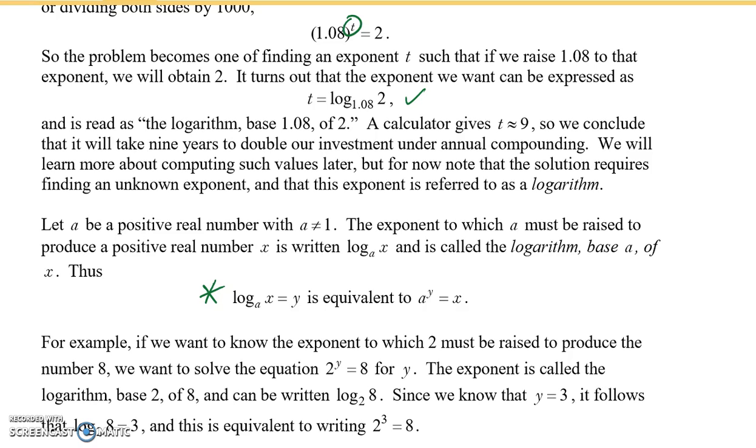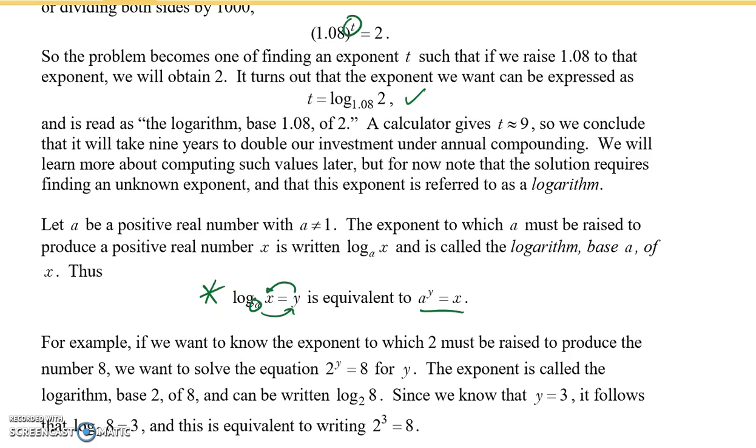If we take the logarithmic expression, starting with the base of a, and make a little circle like this, then we can convert it to this form, a to the y equals x. So I'm going to show you that in some of the examples that we'll be following. For example, if we want to know the exponent to which 2 must be raised to produce the number 8.